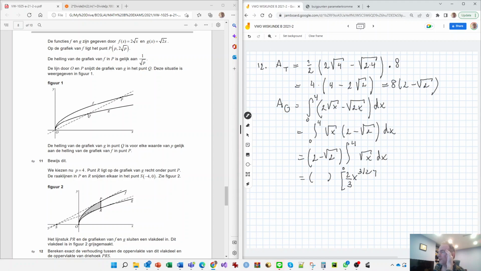Again, double check it, as always, by doing the derivative. So I get, between 4 and 0, 4 to the power 3 over 2.